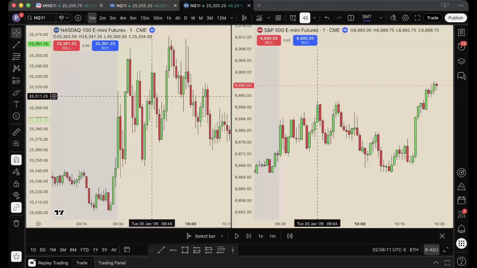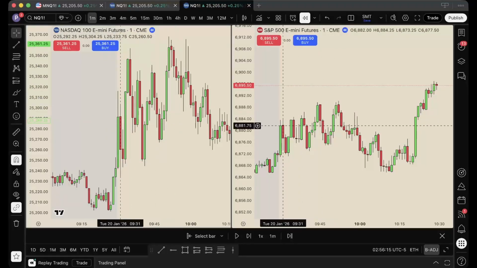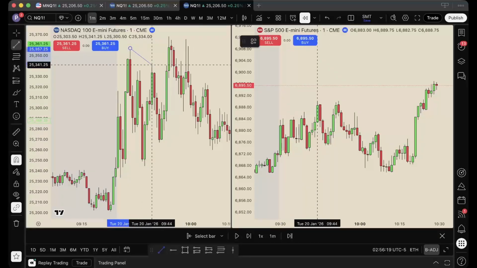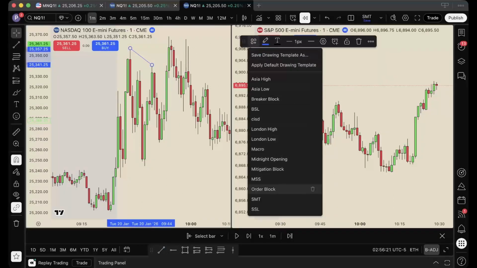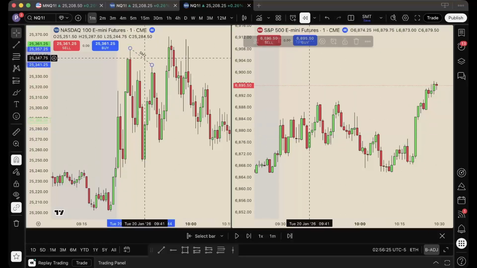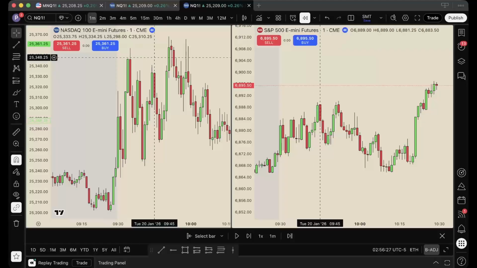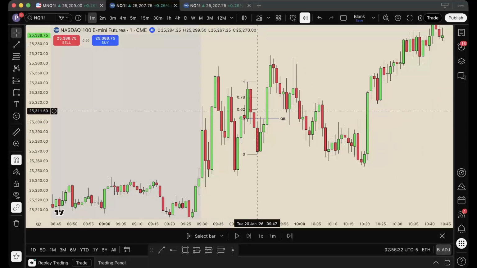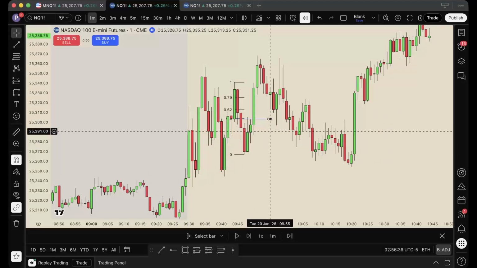This right here is the order block I was talking about, and as you can see, ES took all of these highs while NQ didn't. So this is an SMT as well. All of these highs ES took. So we had this bigger time frame SMT and this lower time frame SMT, and also this equilibrium of the short-term range and the bearish order block.